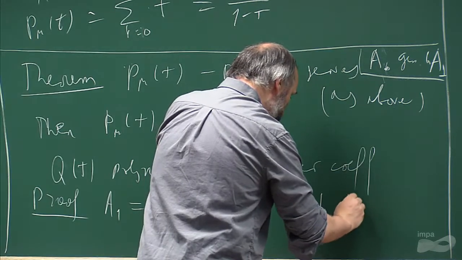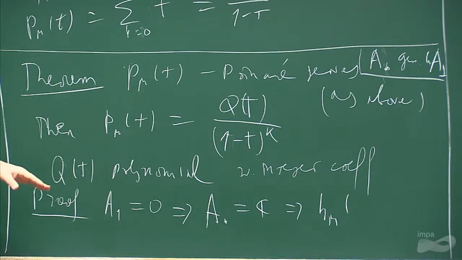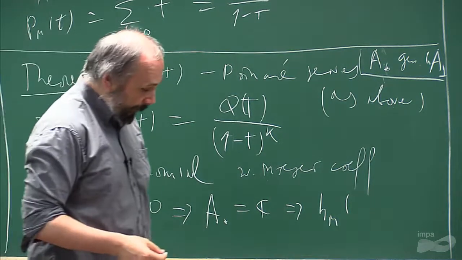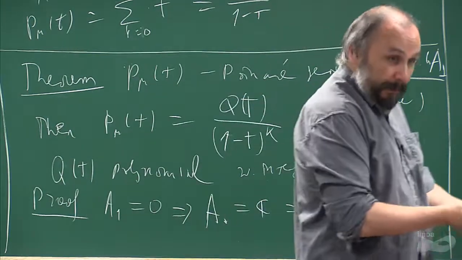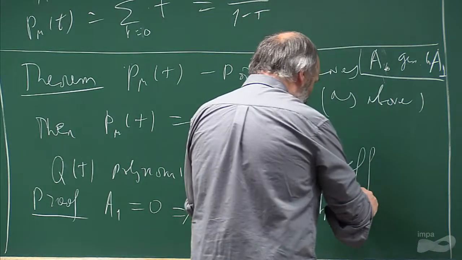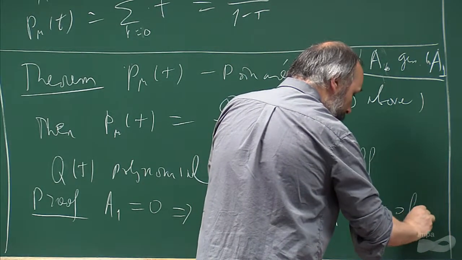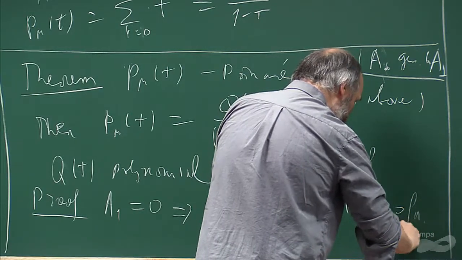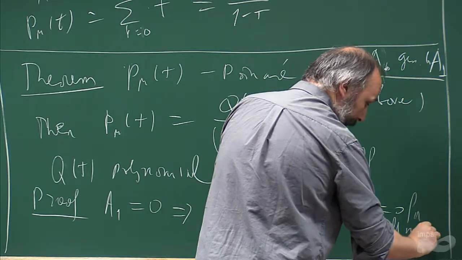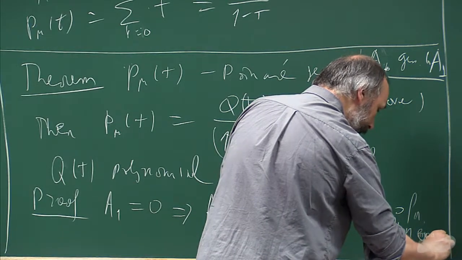This means that M is finitely generated over A, so it is finite-dimensional, it's a vector space. Then H_M of n is equal to 0 for all n except finitely many.